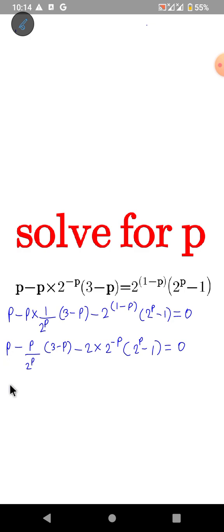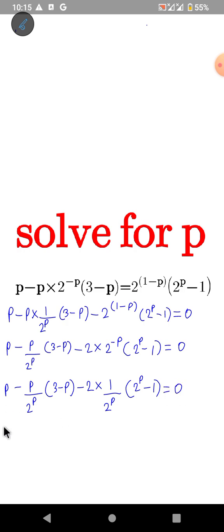Then we'll continue again. This is P minus P all over 2 raised to the power of P. Open my bracket, 3 minus P, minus 2 multiplied by 2 raised to the power of minus P, which can be written as 1 all over 2 raised to the power of P according to the law of indices. This minus will change to 1 all over. Then multiplied by 2 raised to the power of P minus 1 all equal to 0.